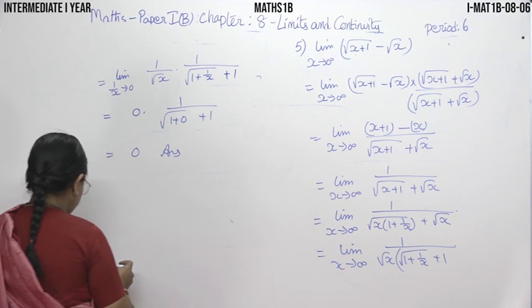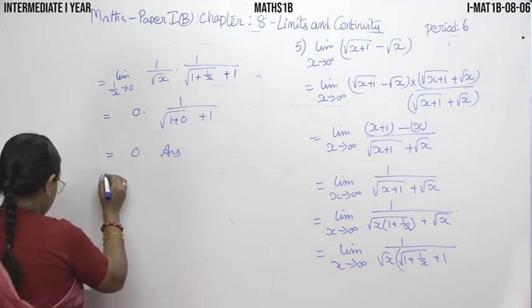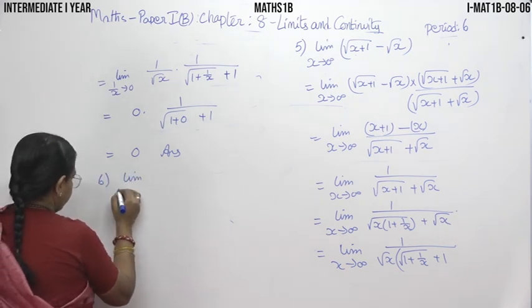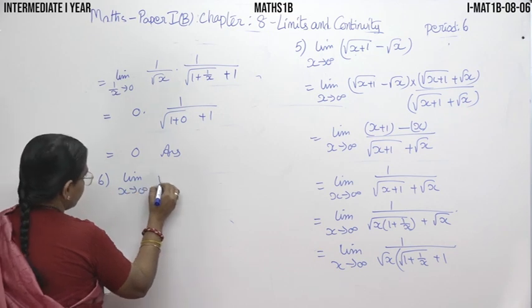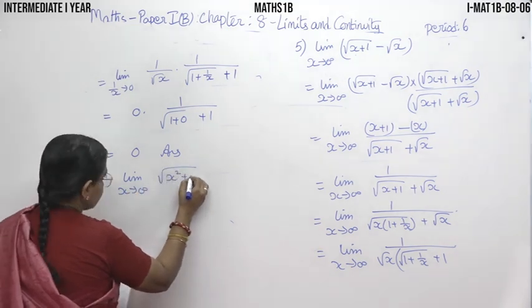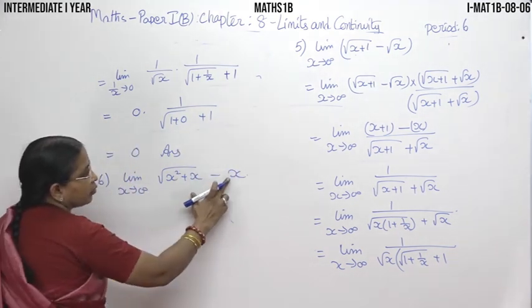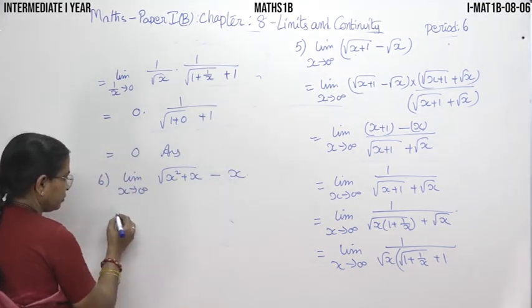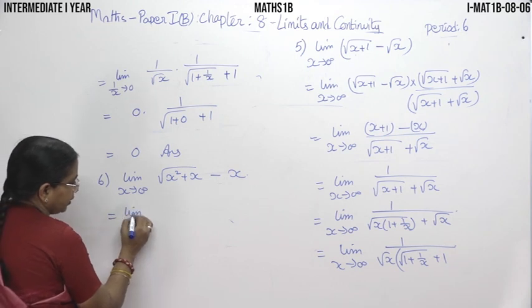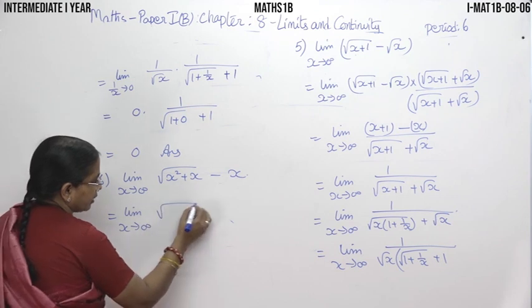Now the next problem is again similar to this. Limit x tending to infinity of root of x square plus x minus x. Similar to this, here root is not there. So same procedure. You can put x as equal to 1 by y and try.